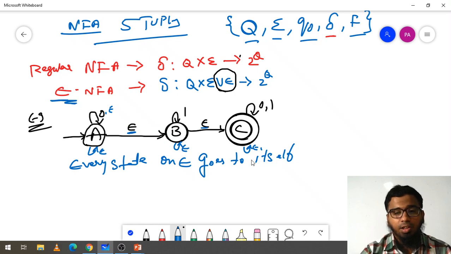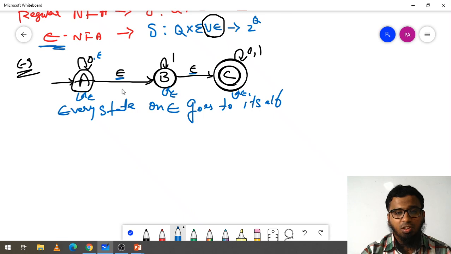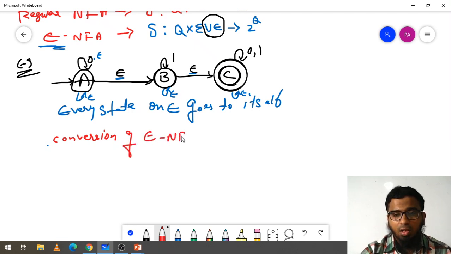Now we will take this same example, and with this same example we will do the conversion of epsilon NFA to regular NFA.